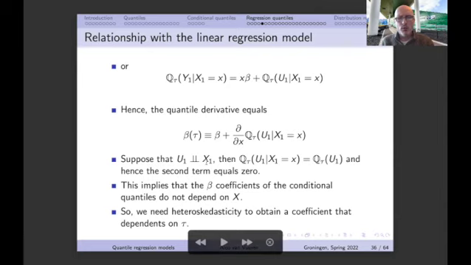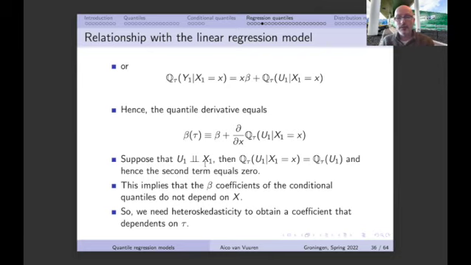Well, that means, of course, that even though the first moment of u1 conditional on x1 is equal to 0, that doesn't hold true for the higher order moments. And even though any higher order moment could be different, it makes more sense to focus on the second moment. And what does it mean that the second moment of u1 depends on x1, however, the first moment doesn't?